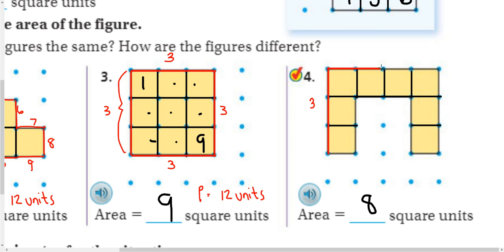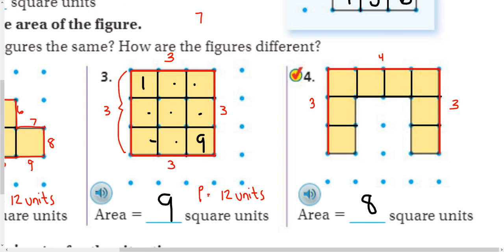Four, 5, 6, 7. All right, so this one is 1, 2, that's 4 coming across that way. So the 3 and the 4 would give us 7. I'll write that up here so I don't forget. Coming down this way again, we've got 3. So that's going to take us up to, looks like 10.